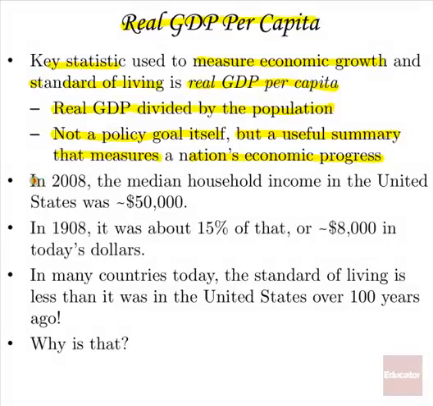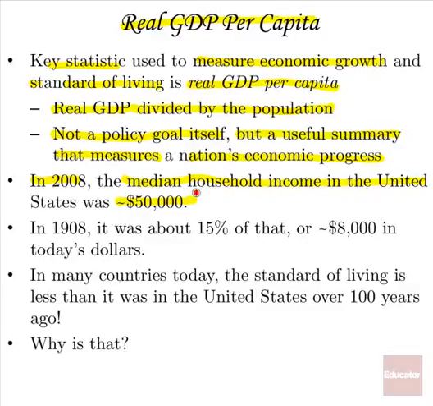Okay. In 2008, the median household income in the United States was roughly $50,000. And again, it's not exactly the same thing, but if you take GDP as income and GDP as expenses, one person's expense is also a person's income. So $50,000, the household income, you can look at as being very similar to GDP per capita.